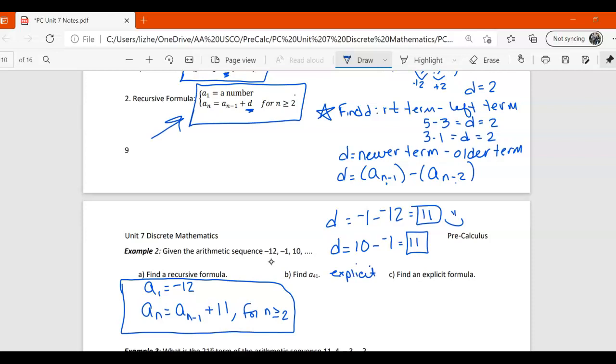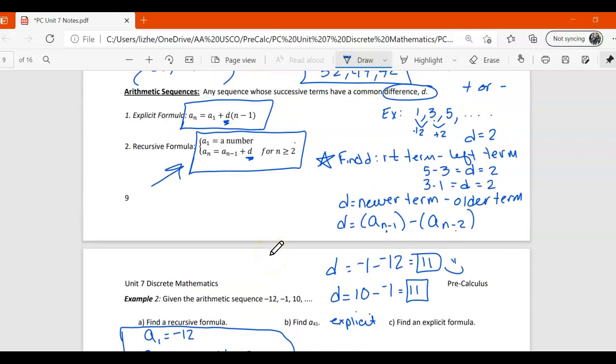So the explicit formula, which is right here, says a_n equals a_1, which is -12, plus 11, that's my D value, times n minus 1.